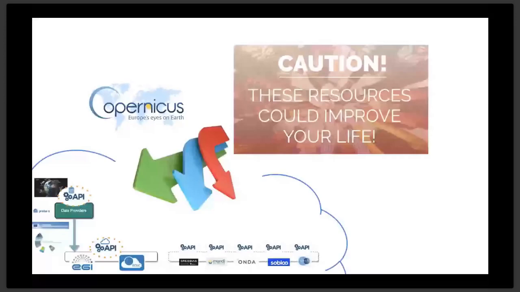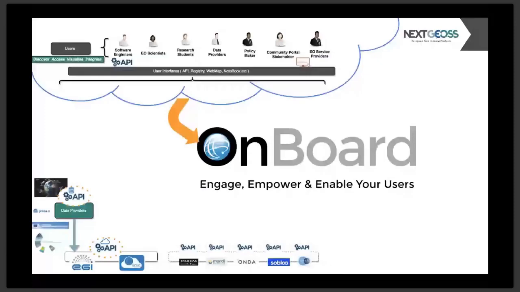So on the user side, when you talk with software developers, when you talk with researchers or project directors, they work on a daily basis with so many actors or so many other professionals.